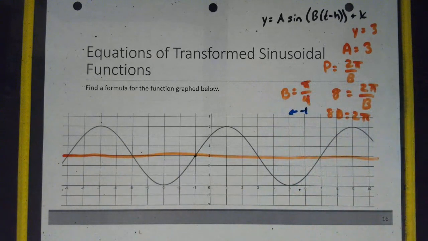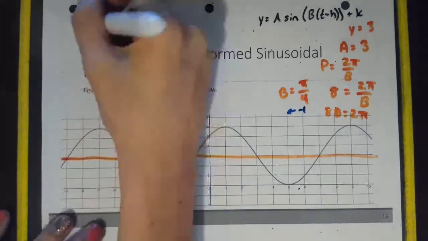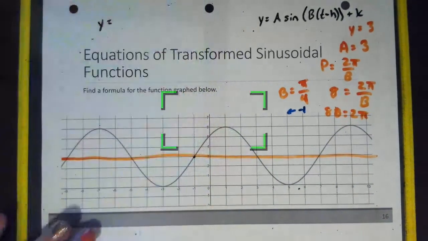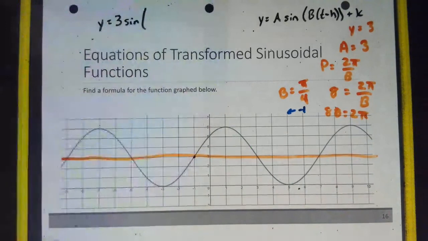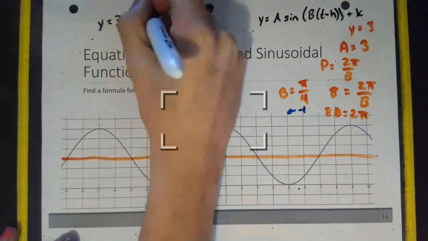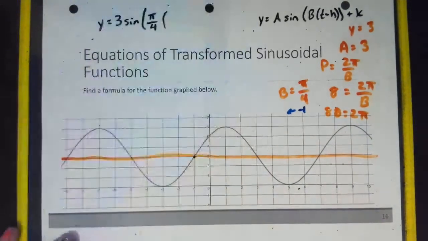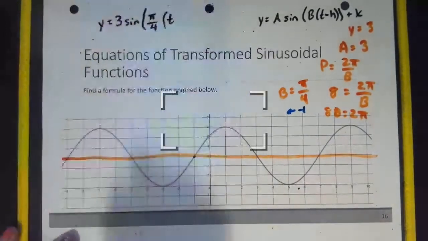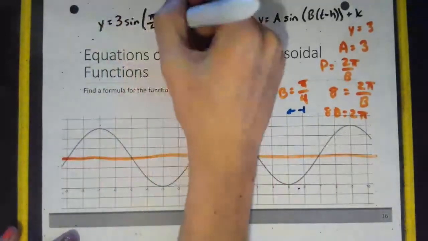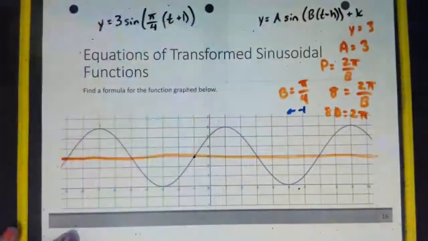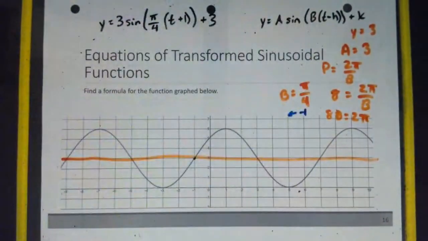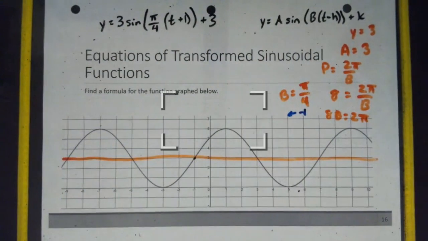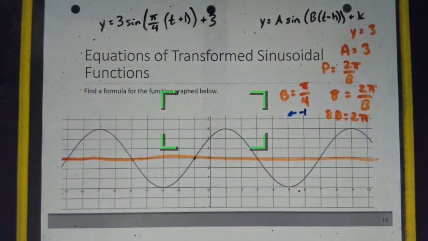What that means is if we are thinking of this as a sine graph, we are getting y equals our a value 3 times the sine of our b value, pi over 4, times in parentheses t minus a -1, which is t plus 1, plus our midline of 3. If you graph y equals 3 times the sine of pi over 4 times (t plus 1), plus 3, you get this graph.